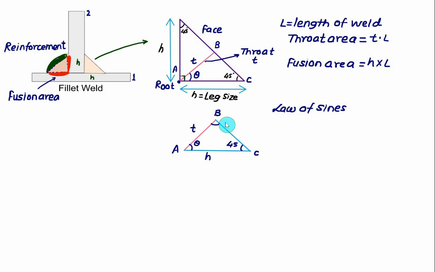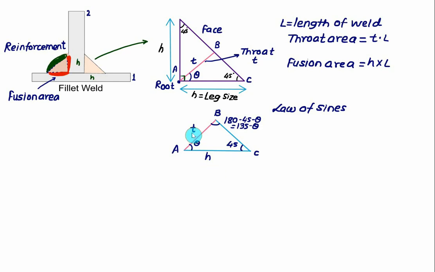It is equal to 180 minus 45 minus theta, which equals 135 minus theta. Now we know the angle opposite to leg size is 135 minus theta, and we know the angle opposite to t is 45.